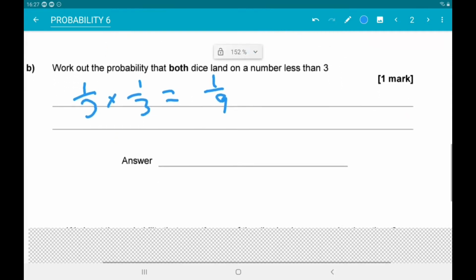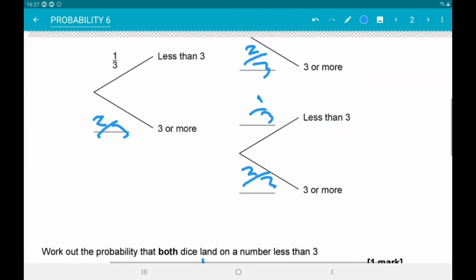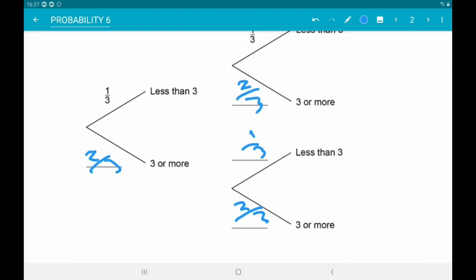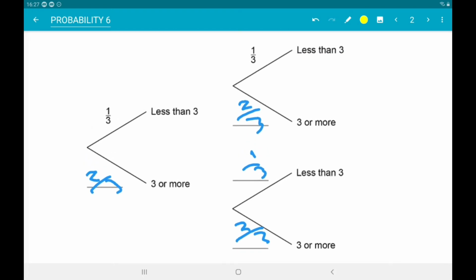And then we want to work out the probability exactly 1 dice lands on a number less than 3. So that means we either want less than 3 and then 3 or more, or 3 or more and then less than 3.